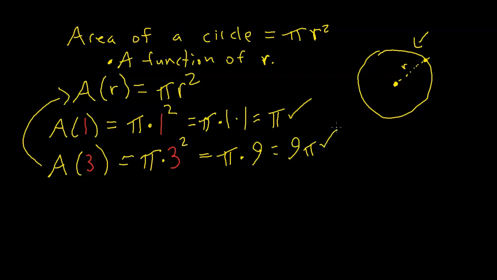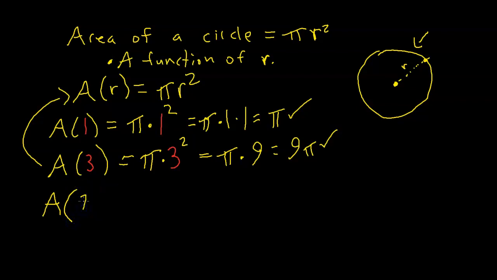All right, let's try one more. Let's try the area of a circle with a radius of length, let's say 7.2. That means r is 7.2.